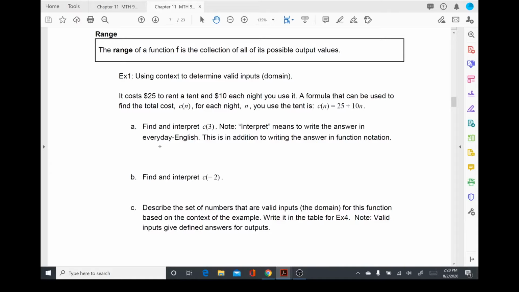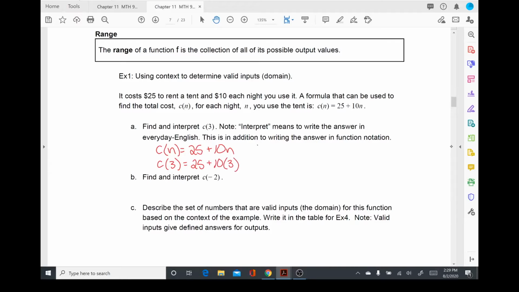So the first thing we'll do, and I often forget this, is to write the function that we're working with. And let's go ahead and solve for C of 3. And we'll see that the 3 is in the n position. Probably should remember my n in the equation, and we will substitute 3 for n.